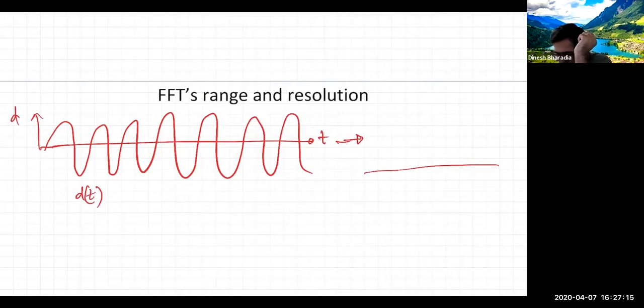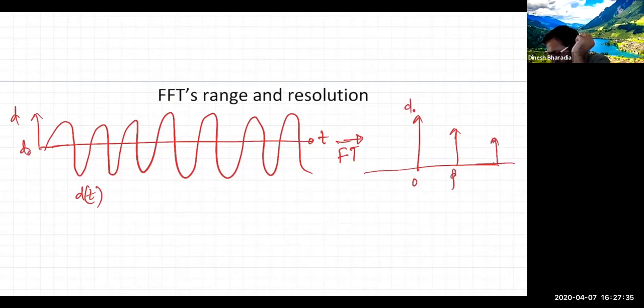This Fourier transform leads to zero, and this leads to a delta function in the frequency domain at FP and FH. So this is like the true nature, nothing diluted, nothing corrupted in any way.